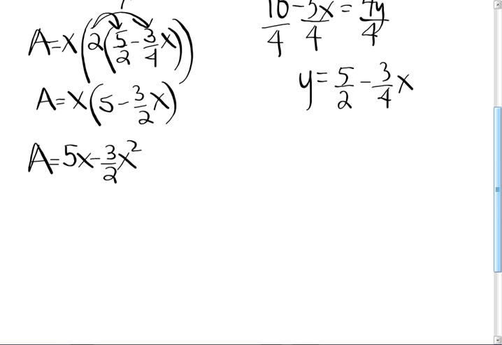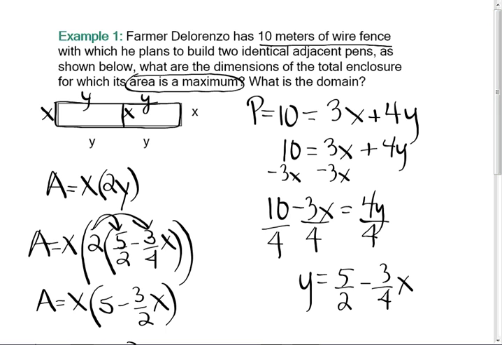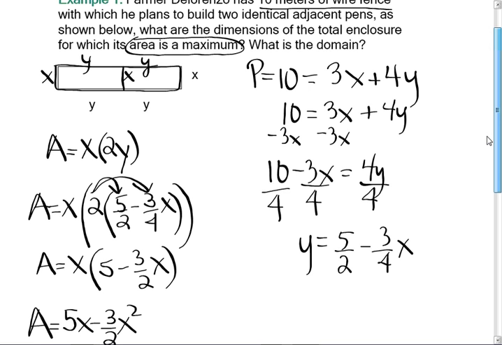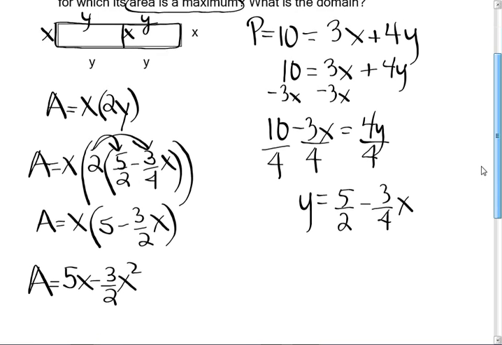Can we close the interval? We can. Okay? What's true about X and Y? I'm going to put it down here. What's true about X? It's the smallest it can be. 0.